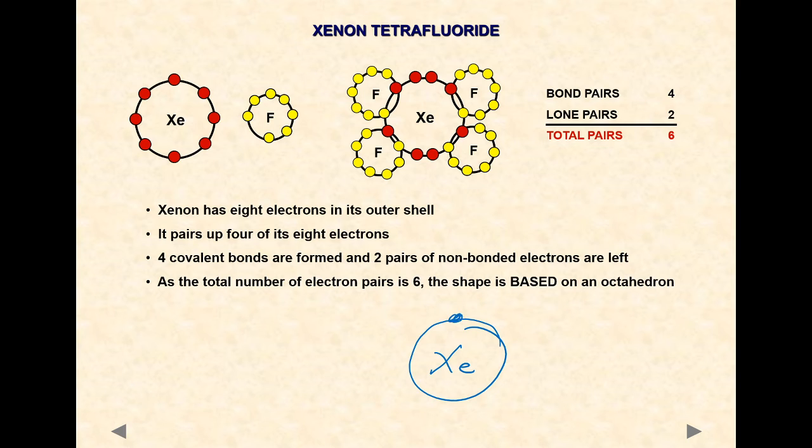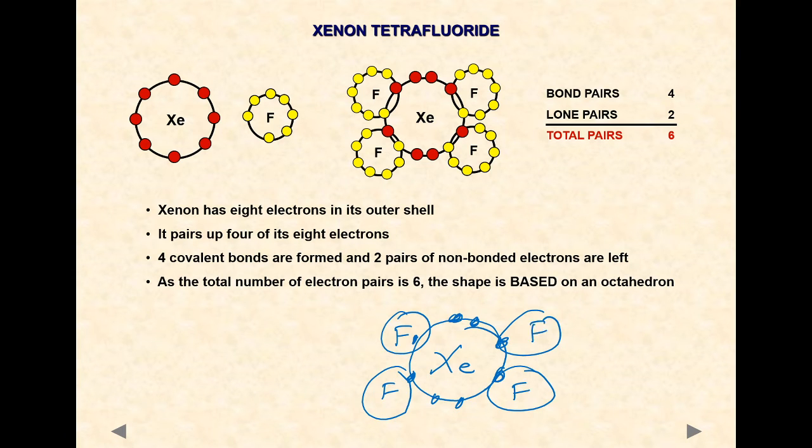So you have 1, 2, 3, 4, 5, 6, 7, 8, bonded to 4 fluorines. So you have fluorine, fluorine, fluorine, fluorine, each with 7 valence electrons.